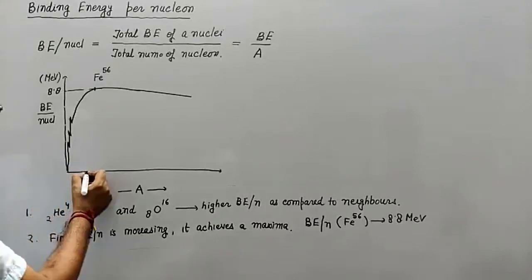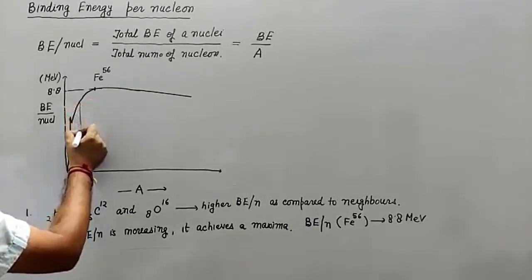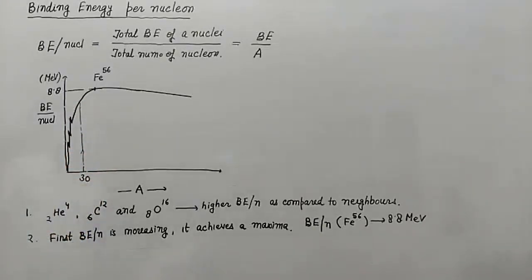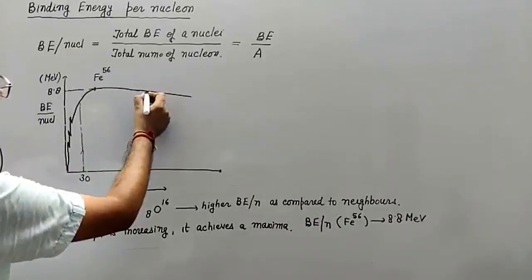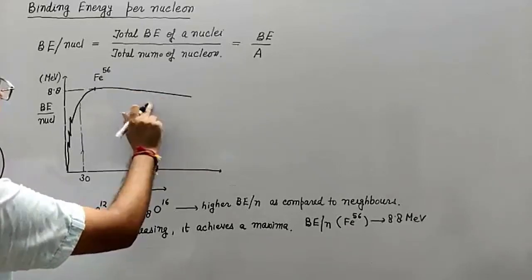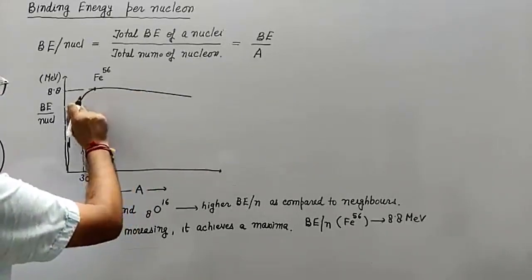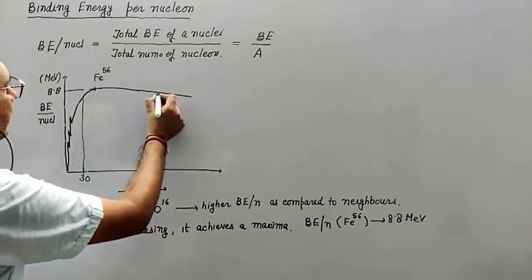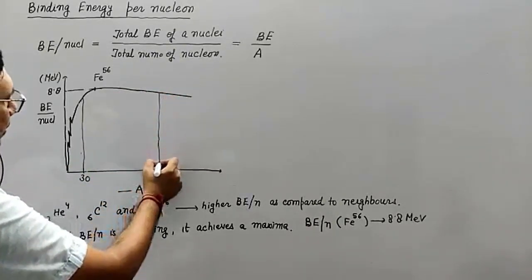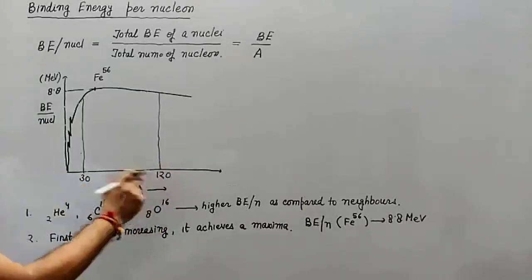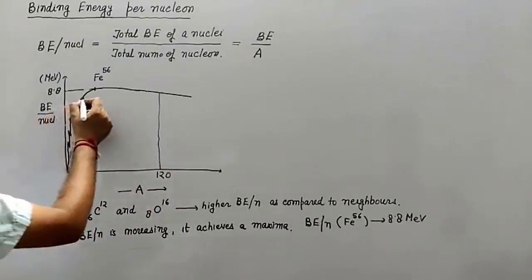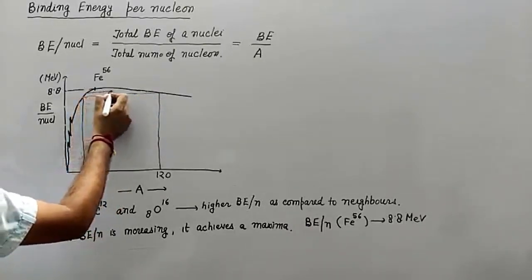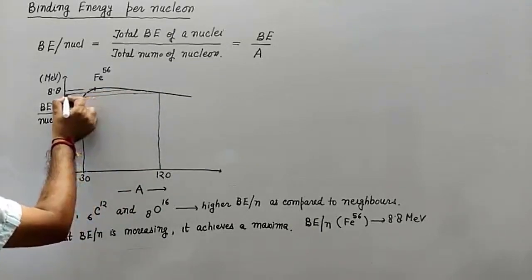This maxima starts from nearly 30 and goes up to 120, with 56 in between. So between 30 and 120, it achieves a maxima.